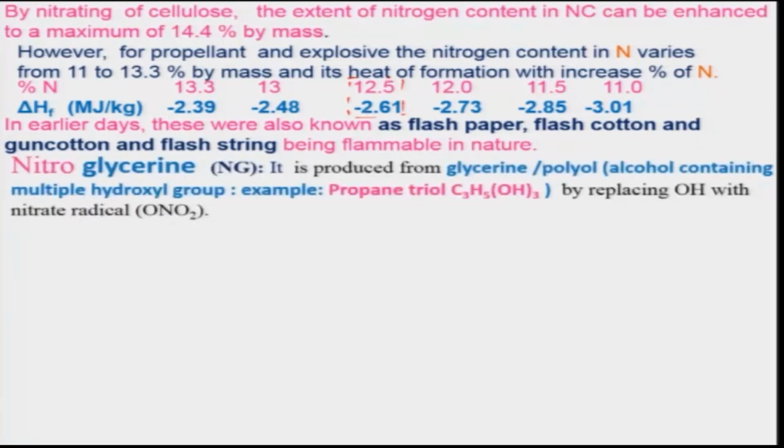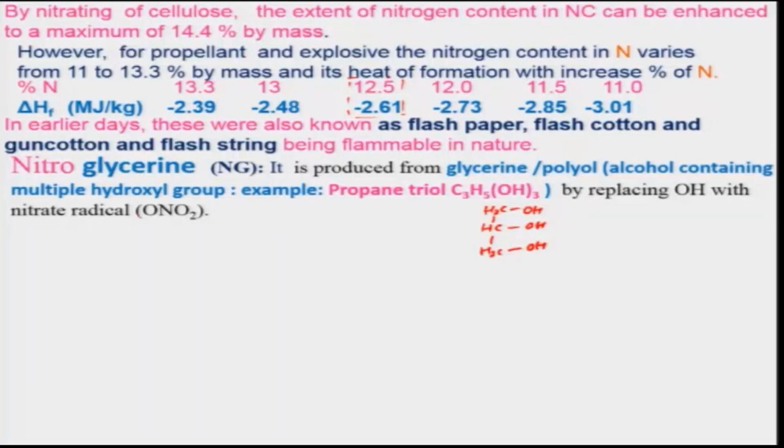Nitroglycerin is produced from glycerin, a polyalcohol, particularly an alcohol containing multiple hydroxyl groups, for example propanetriol. If you look at propanetriol, there will be CH2, CH and CH2, each with an OH, and then these OH radicals will be replaced with the nitrate radical ONO2.